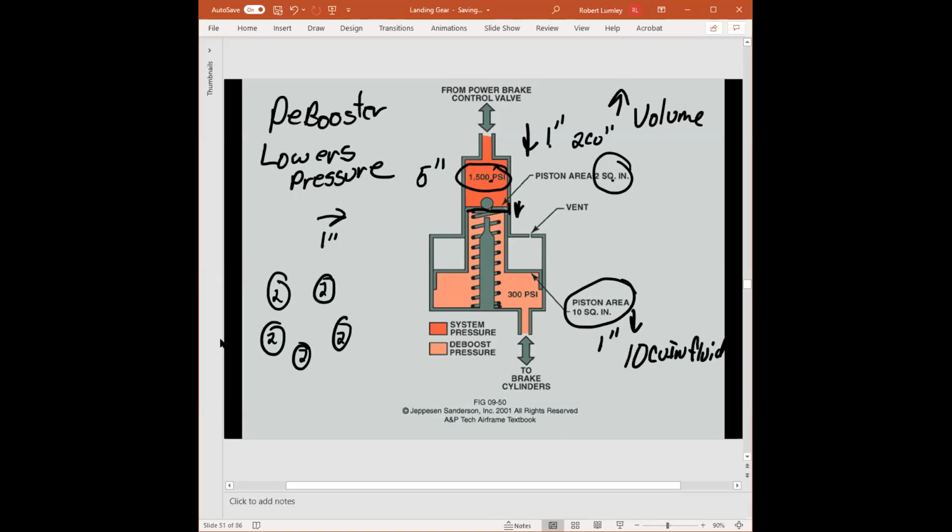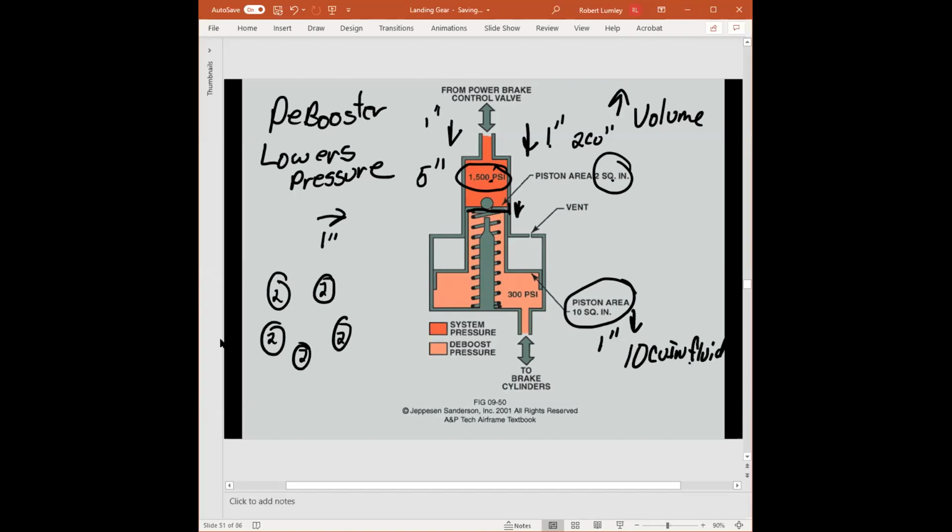That's a huge amount of travel. And I know I'm using inches, and generally we don't want our pistons to come out 1 inch, but you get the idea. In this case, all we have to do is move the piston down 1 inch and the pistons would come out 1 inch.